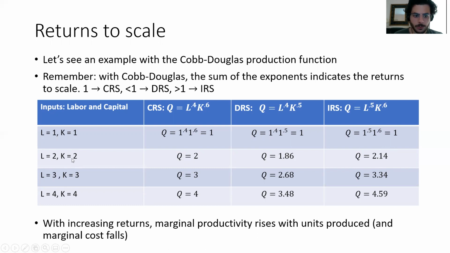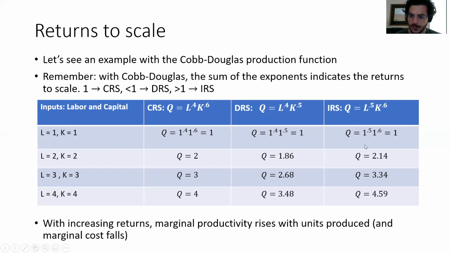And as we continue to increase quantities of our inputs, so we go from 2 units of labor and capital to 3 to 4, the differences between these production functions are going to compound. That's because with constant returns to scale, marginal cost is not changing. An extra unit of labor and capital will always get us 1 extra quantity, but with decreasing returns to scale, as we add more and more inputs, we're getting less and less out of them.